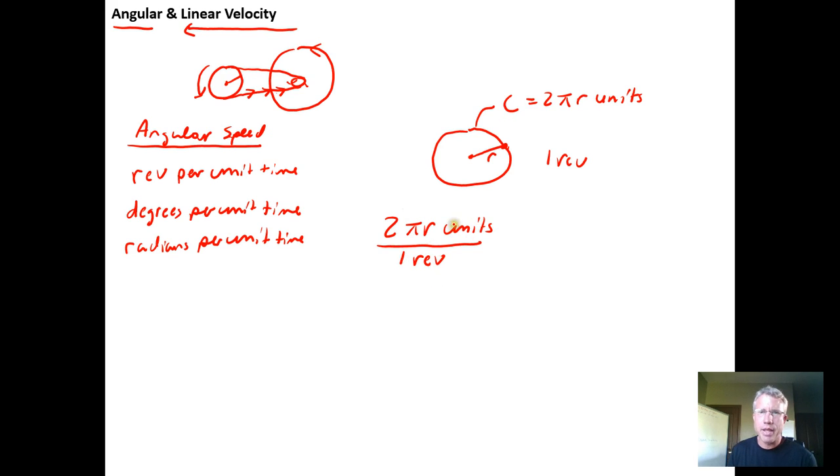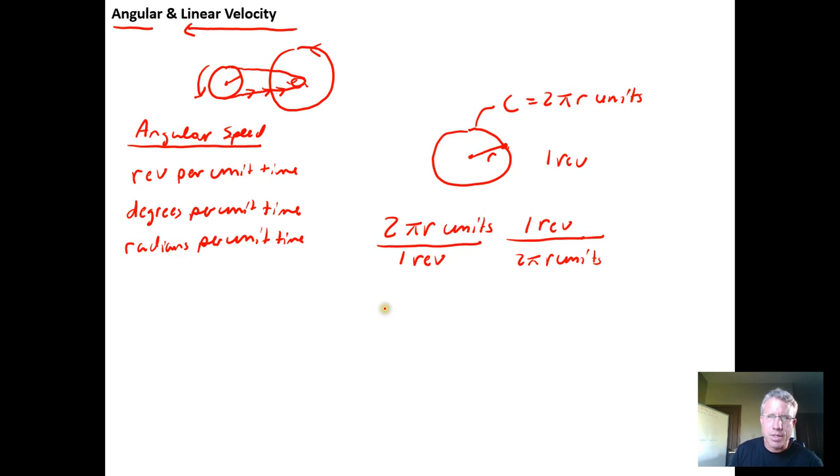This gives us a relationship between linear and angular speed, and this relationship can be reciprocated. We can write it either way. We can say I'm going to do 2 pi r centimeters per revolution, or just as easily say I'm going to do 1 revolution for every 2 pi r centimeters. So we can have the angular measure in the numerator or the denominator, and we have a valid relationship either way.